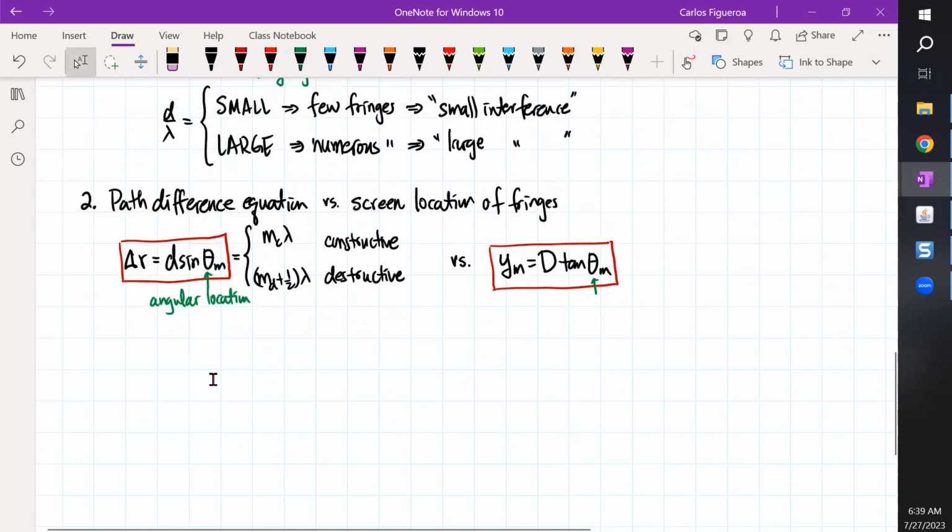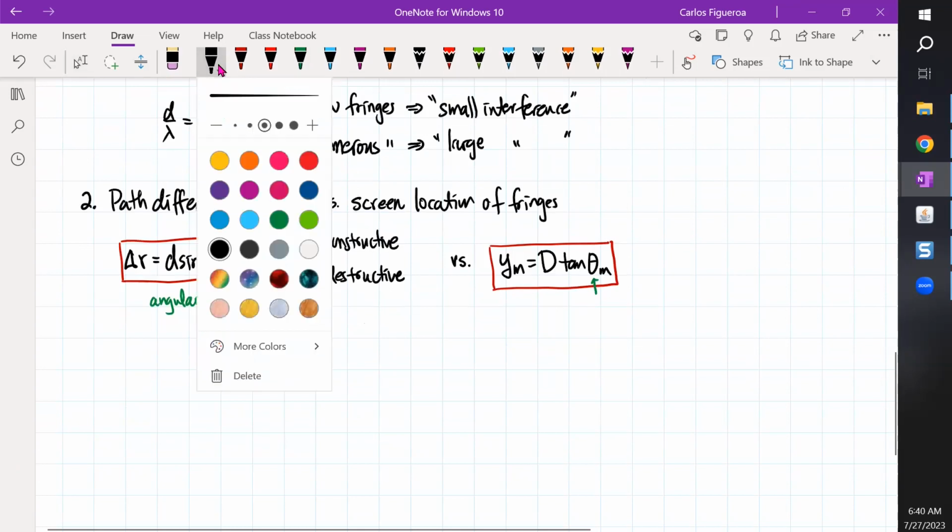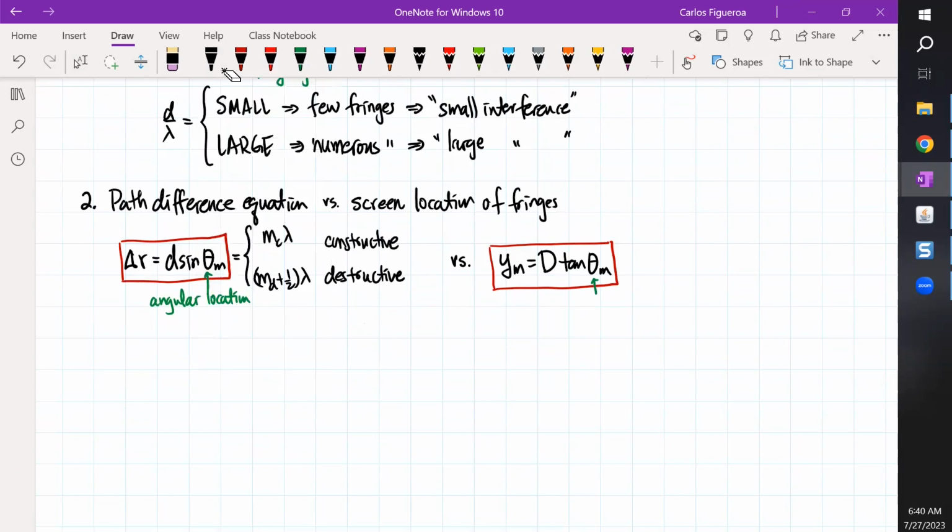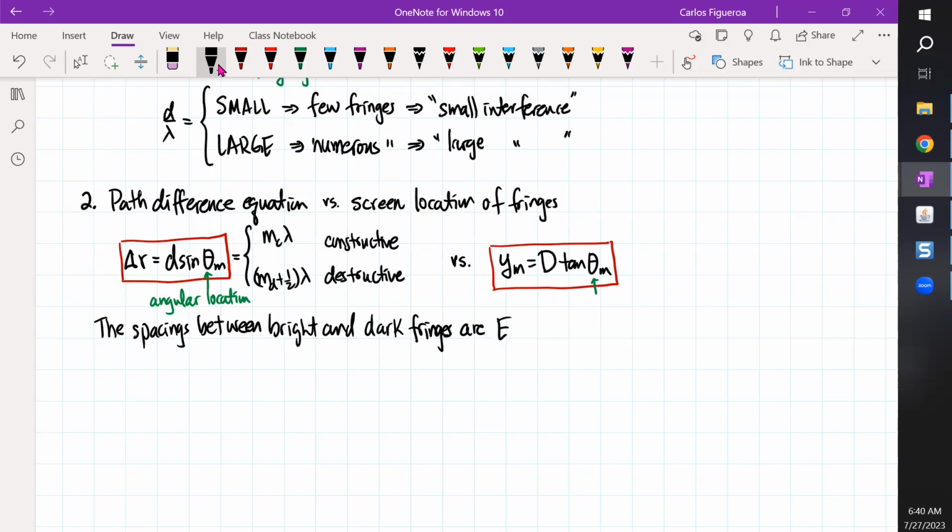Now, what this tells us is that because of the screen location, the spacings between bright and dark fringes are equal.